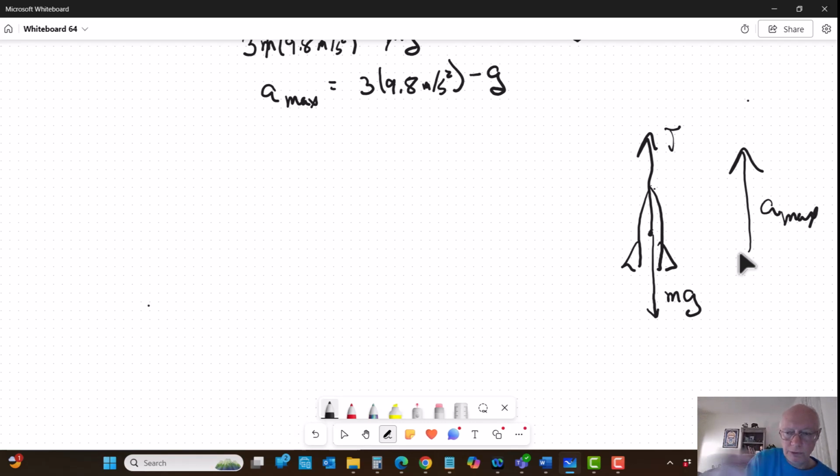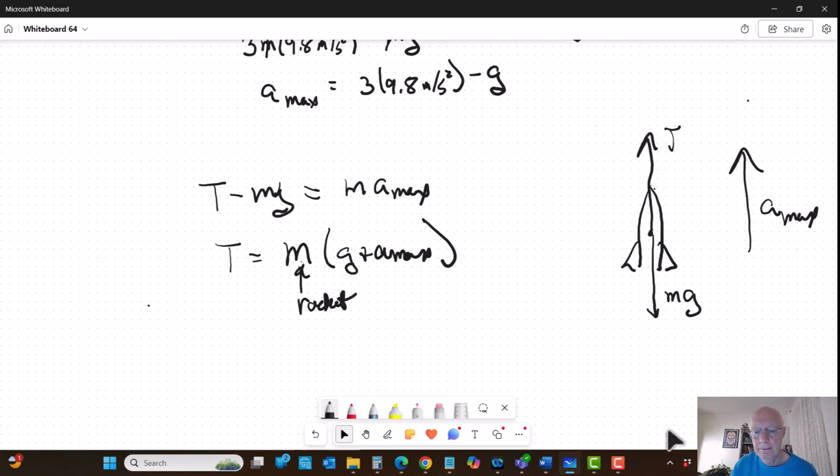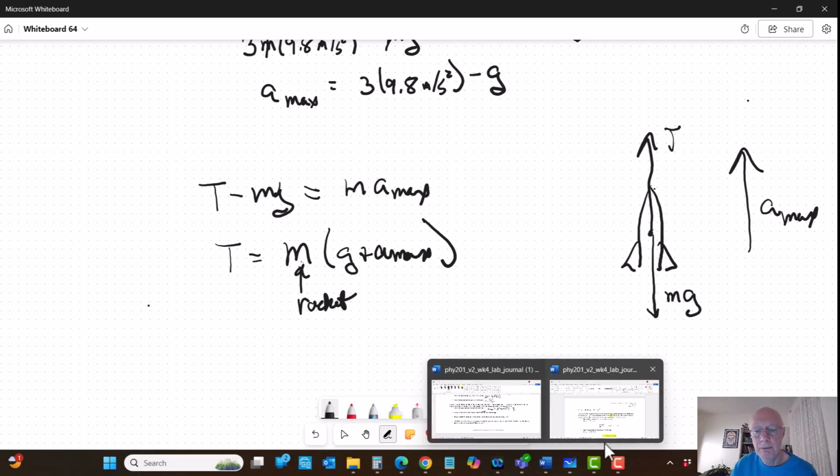So Newton's second law applied to this problem would be T minus mg equals mass times the acceleration. So the thrust is just going to be m times g plus a max, where m is the mass of the rocket. So I'll write that on the problem.